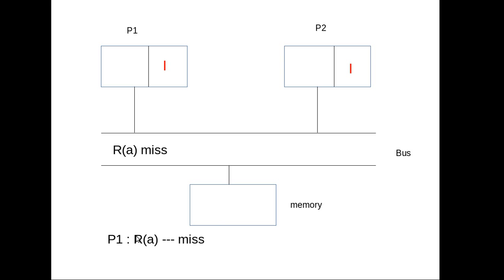So the read of A miss was placed on the bus, so that P1 gets data from the memory into its cache line. So the state of cache line moves from invalid to shared. So here on read miss, we are moving from invalid state to shared state.